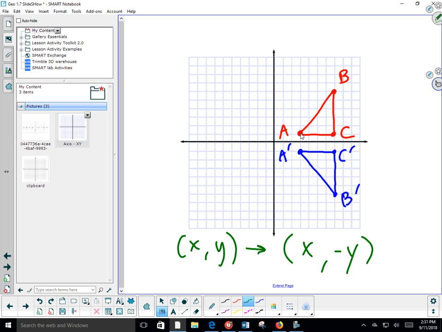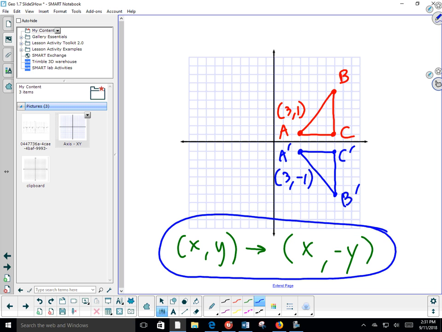Are we keeping the X coordinates the same? Like here, A was at 3, 1, and what's A prime's ordered pair? 3, negative 1. So did we keep the X the same? Yeah. Did we make the Y opposite? Yeah. So I think this looks like a pretty good mapping or rule for reflecting over the x-axis.